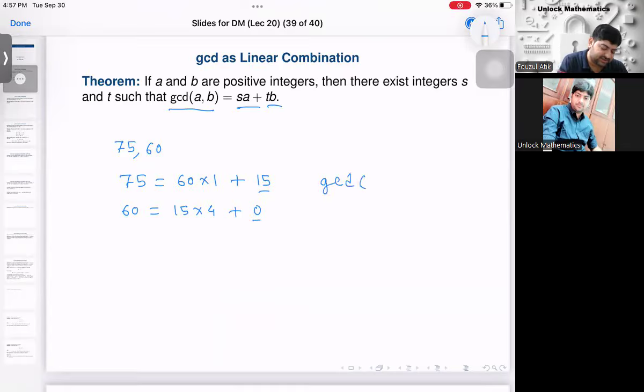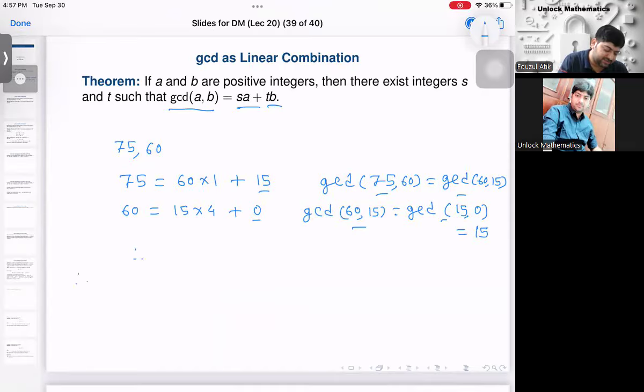Because GCD of 75, 60 using the Euclidean algorithm is GCD of 60, 15, and applying the Euclidean algorithm in the next equation, it is GCD of 15, 0, which is 15 itself. So GCD of 75, 60 is equal to 15.